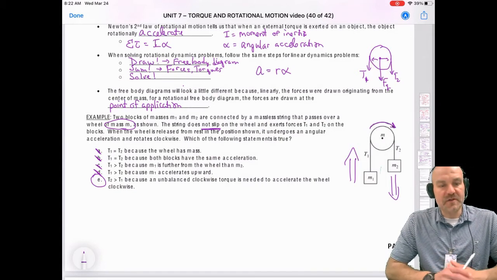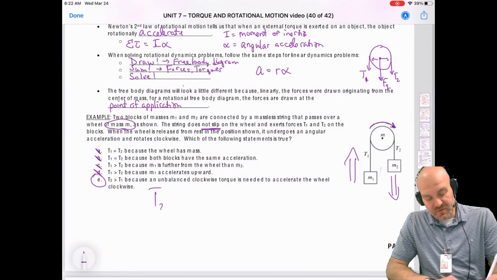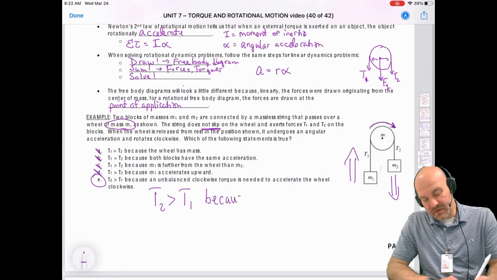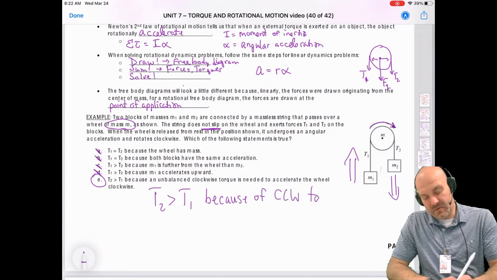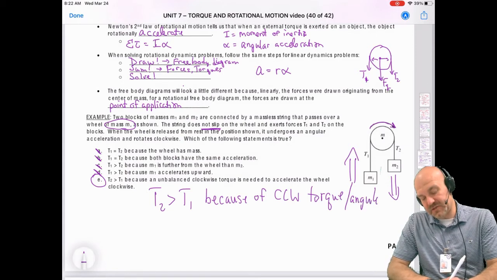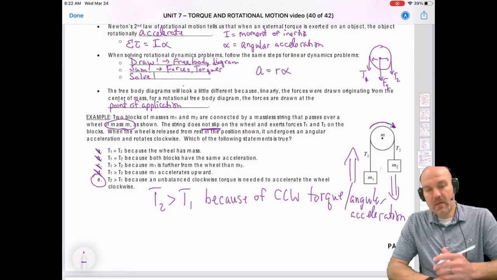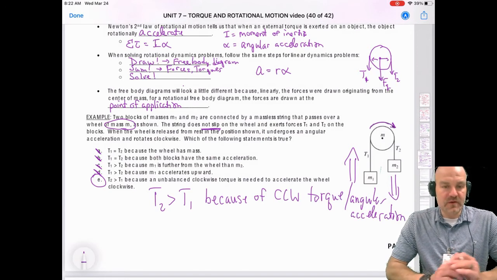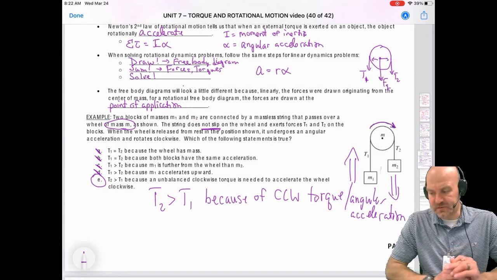So T2 has to be greater than T1 because of that torque, or angular acceleration. If T1 was greater than T2, then it would accelerate in the opposite direction.